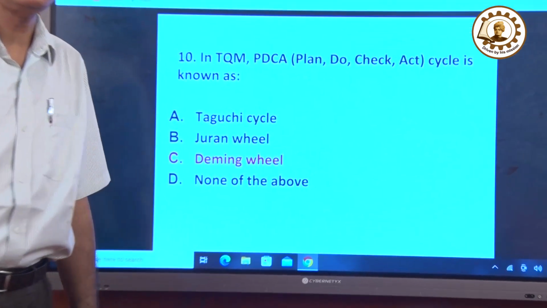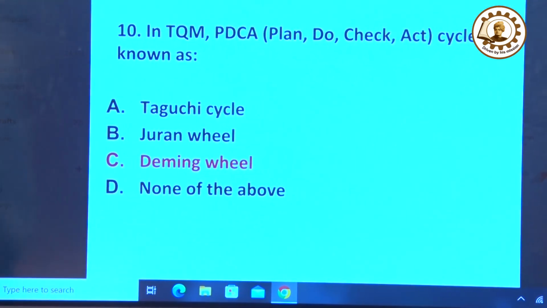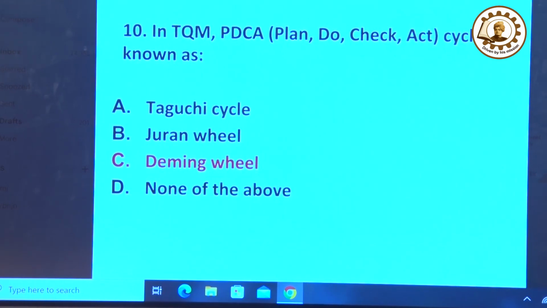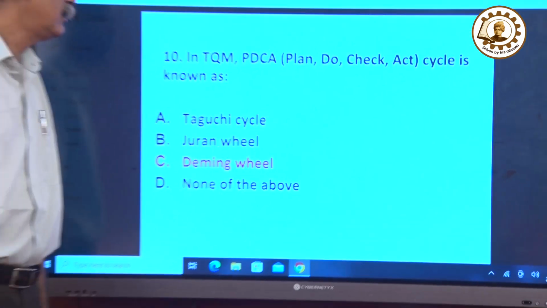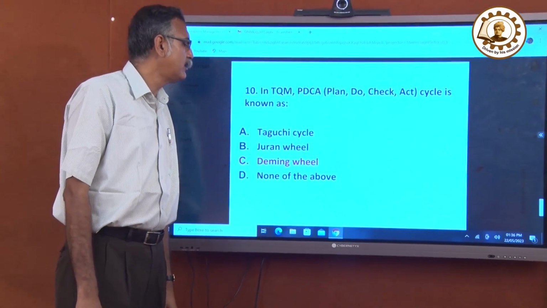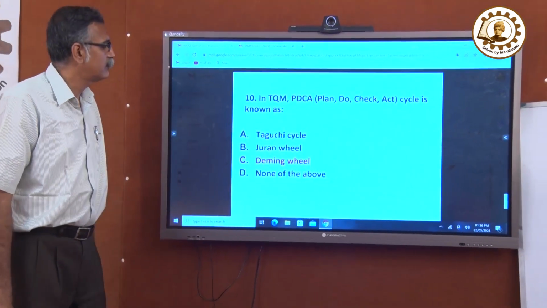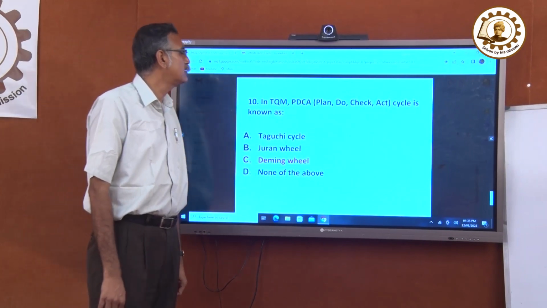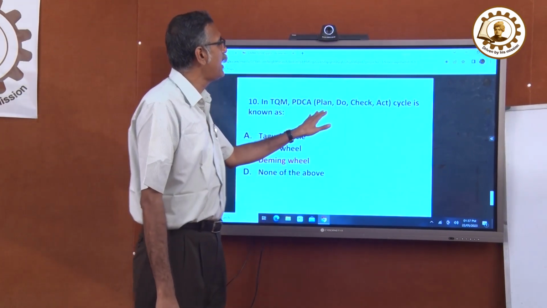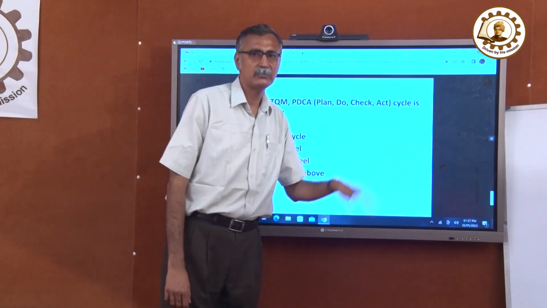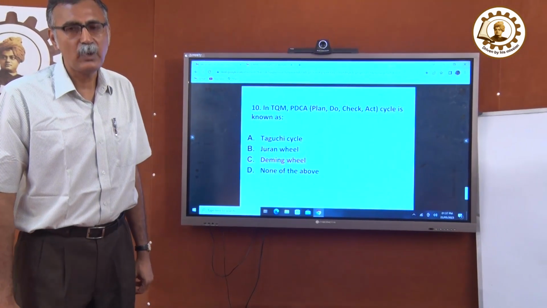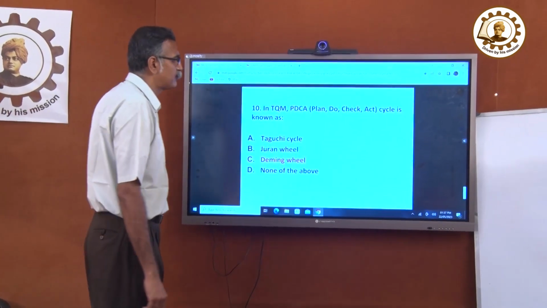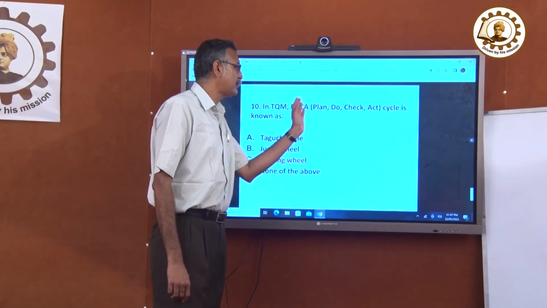In total quality management, different philosophies are there. One of the most prominent philosophies is Deming's wheel, and Deming propagated the philosophy of plan, do, check and act. First, try to understand the problem. So that is planning.